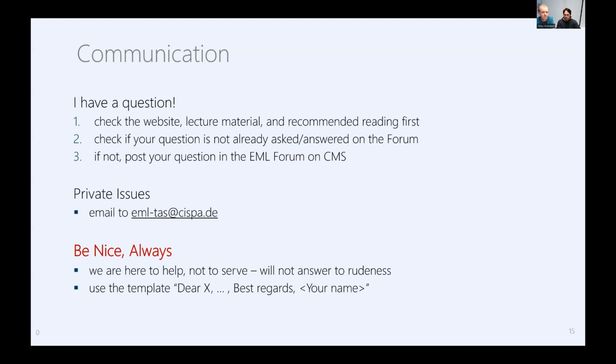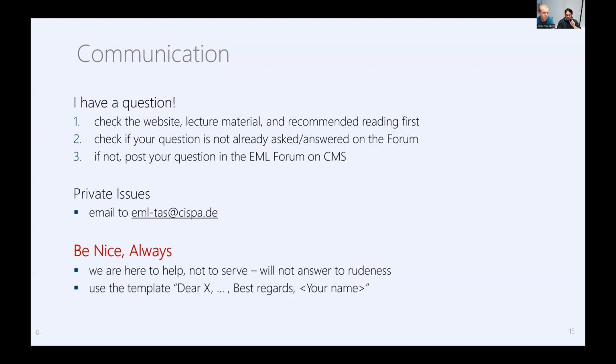So if you have a question, what should you do? First, check the website. The website already contains a lot of information, right? So check the website first, check the lecture material and recommended reading material, if the question is relevant to the contents of the lecture, of course. And on top of that, if you have a more general question, you could also check if your question has already been asked or answered on the forum.